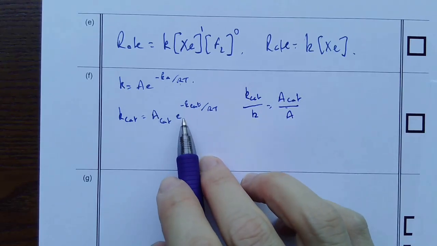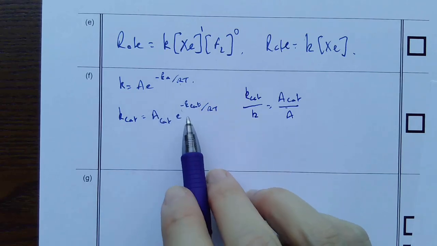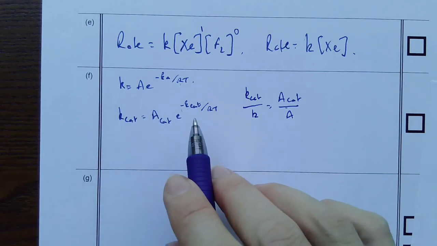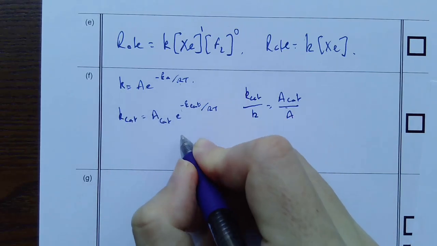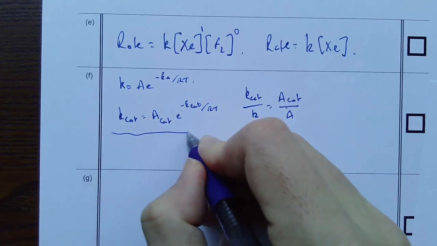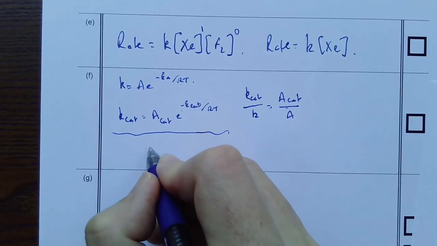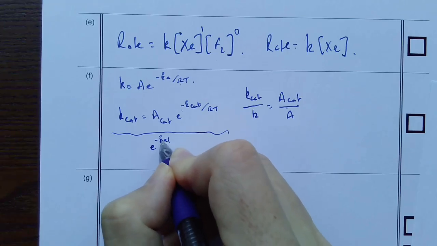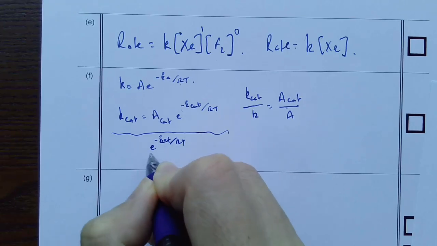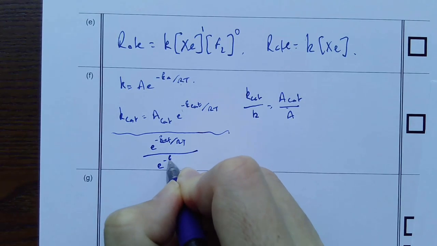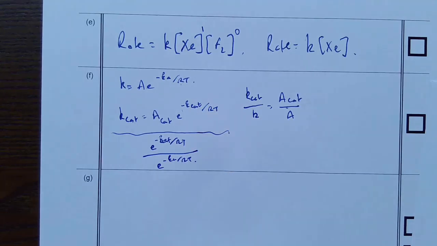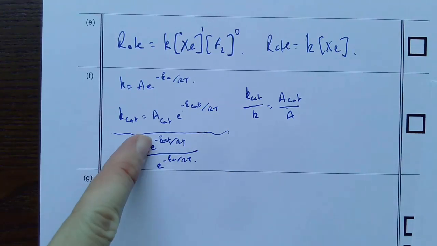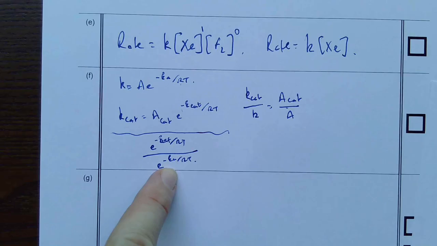it's laws of powers, right? So it's your indices. If I was doing the test under time conditions, I wouldn't write this out. It's e to the minus E cat over RT divided by e to the minus Ea over RT, which is just this exponent minus this exponent.